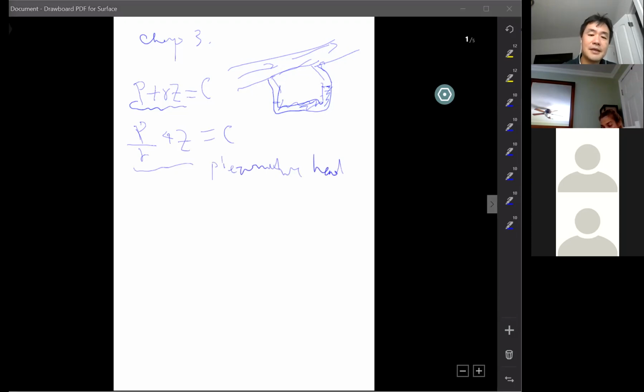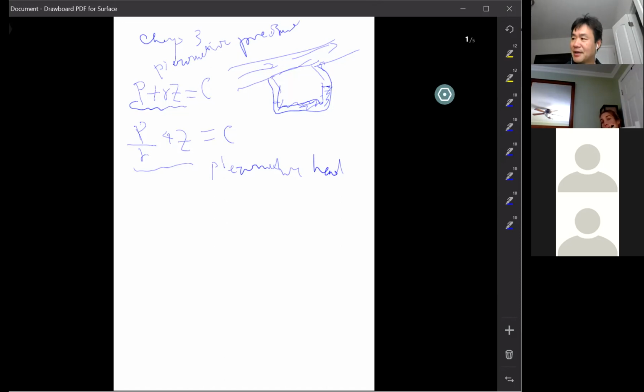Right? This is called piezometric pressure. Okay. So it's constant inside a stationary fluid. In other words, if it's constant, that means at two different locations inside that fluid, the summation of P and gamma Z are the same.